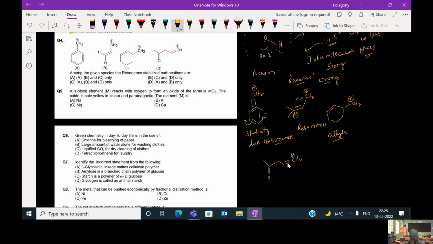In this case, even if the oxygen is considered, resonance is not possible. So we can go for option B; C and D cannot be stabilized. They are not stabilized by resonance.